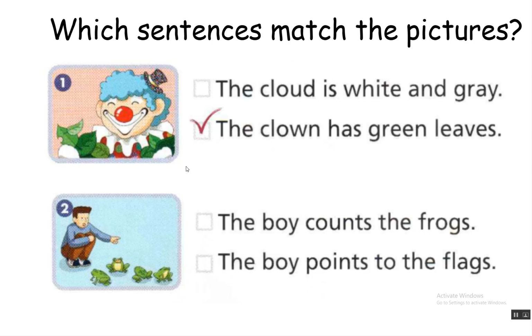Here's the two sentences for those who can't read yet. The boy counts the frogs, or the boy points to the flags. Which one's correct? The boy counts the frogs.